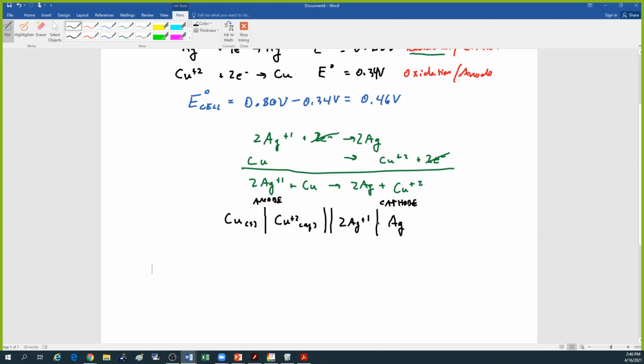I have a question. Yeah. With the salt bridge, what would it have in there? And would it stay the same like the last one? Yeah, we can always use the same stuff in the salt bridge. It doesn't really matter as long as it's not something that's going to be reactive in the system. So it's usually going to be something that's really hard to oxidize or reduce.